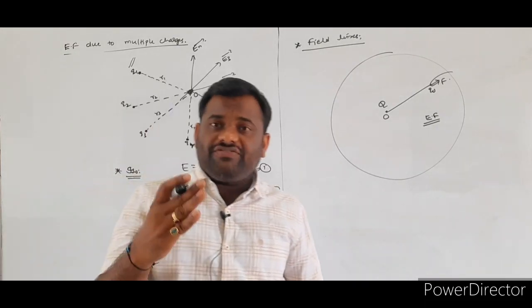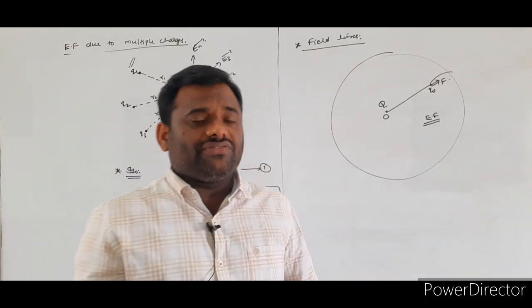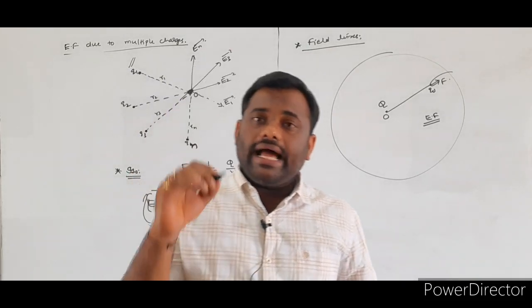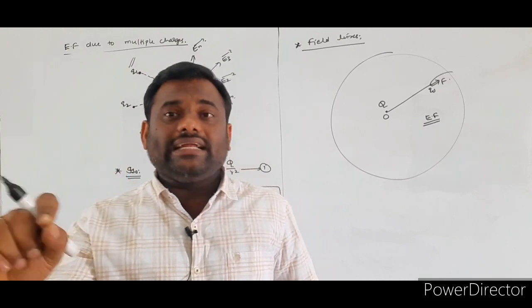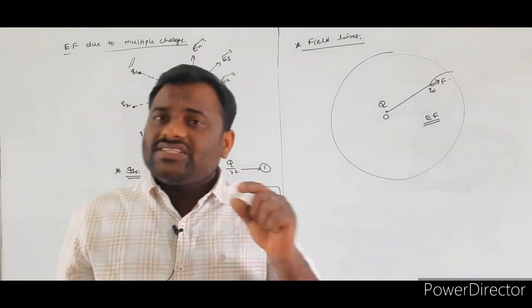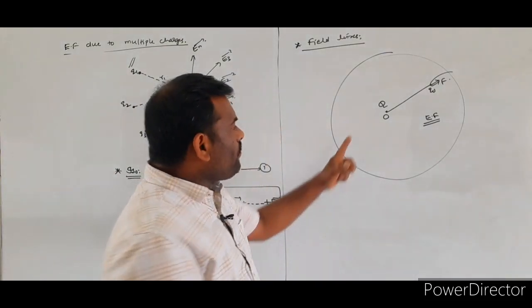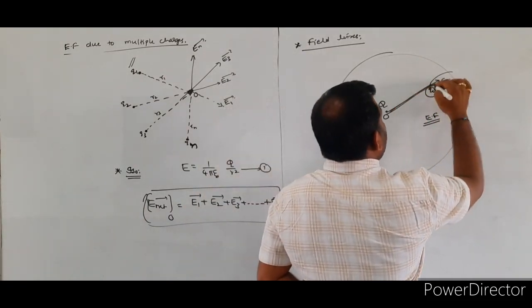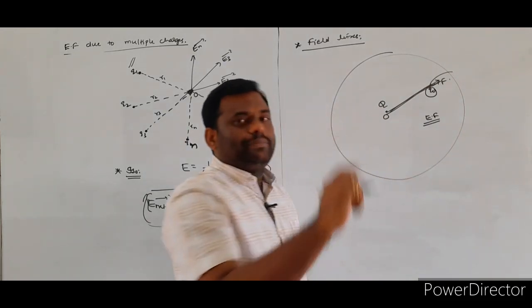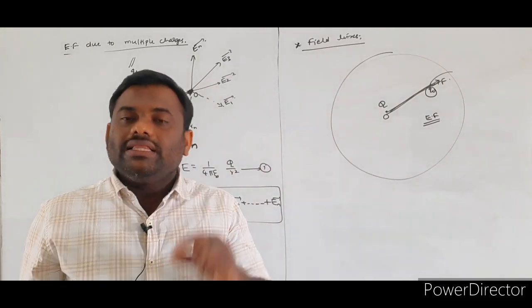Already we know the definition of the force. What is the definition of the force? Force is nothing but either a push or a pull, which will cause the change in state of the object. So, whenever over the test charge Q naught, some electrostatic force will be acting, that charged particle will come into motion.